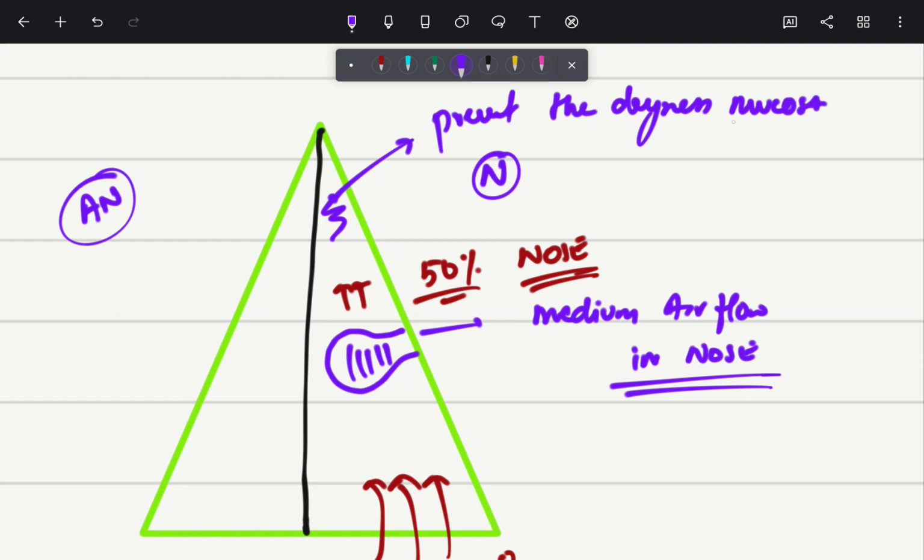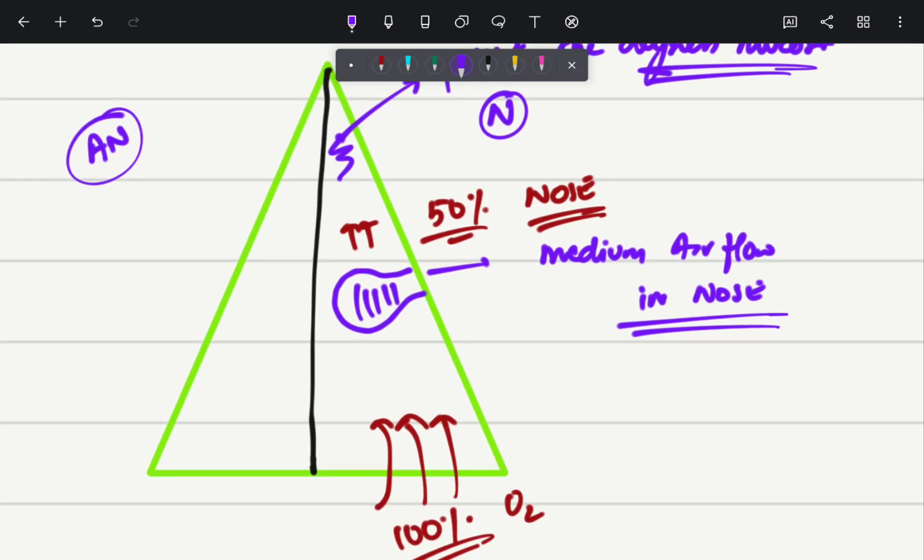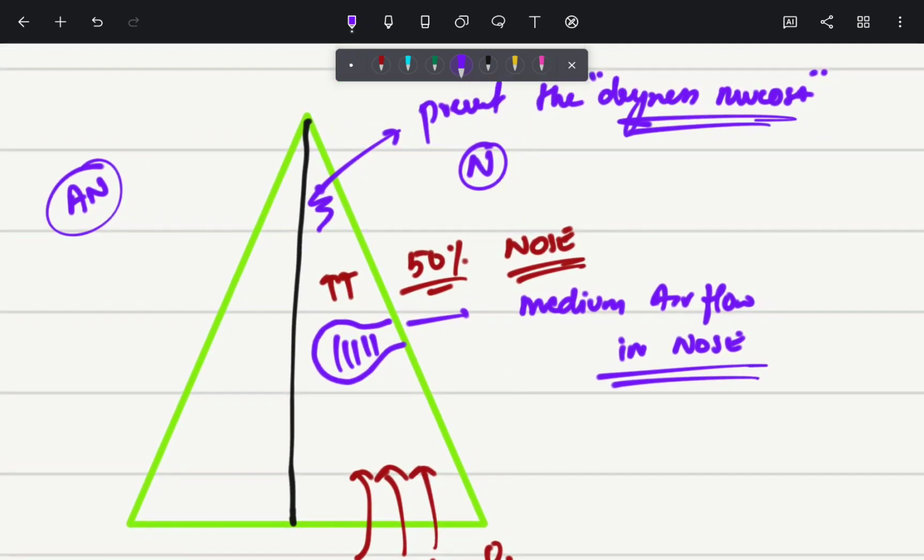Imagine in summer, due to the hot air, we are taking a lot of air into our nose. What will happen? Obviously, due to the hot air, our nose will get dried up, right? So these turbinates act like a buffer and prevent the dryness of mucosa.